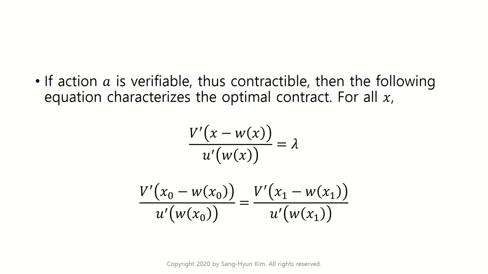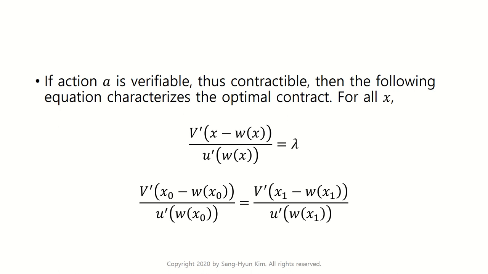Okay, so that sounds okay, right? This is the way to maximize the expected utility of the principal. And I also want you to understand that this is also the way to maximize the social surplus, social welfare. Why is that?